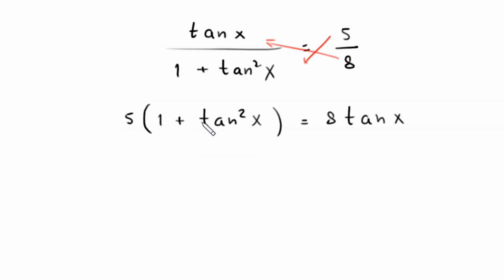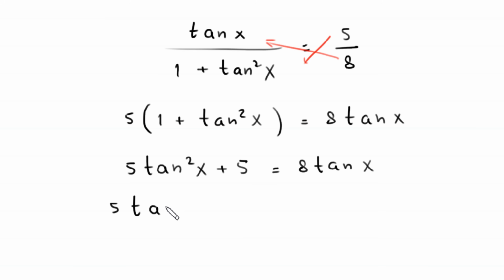This will become 5 times tan squared of x plus 5 times 1, which is 5, equal to 8 times tan of x. Move this 8 times tan x to the left hand side. This will become 5 times tan squared of x minus 8 times tan x plus 5 equal to 0.